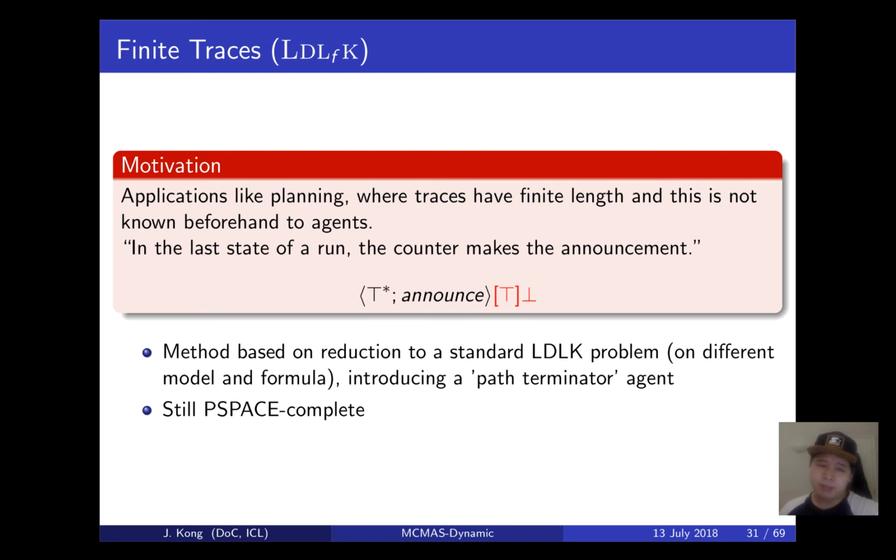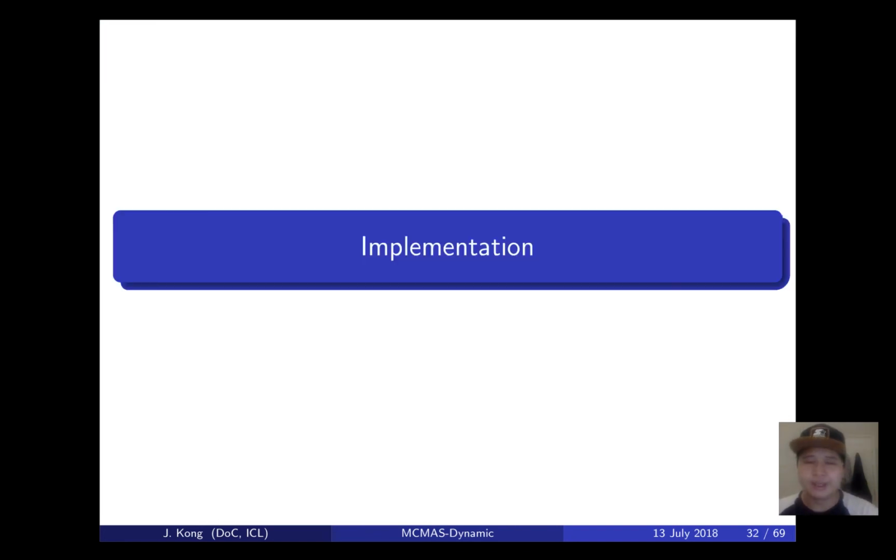And it can be shown, based on the reduction I put forth in the thesis, that if you use a polynomial space LDLK algorithm, which exists because LDLK is itself PSPACE-complete, then the finite trace problem is also PSPACE-complete. So I'll now move on to discussing the implementation of these algorithms.